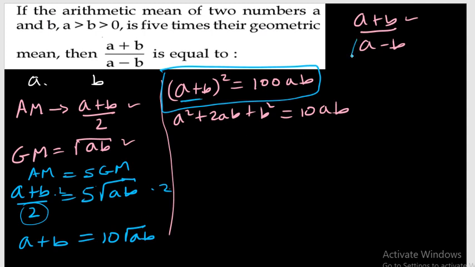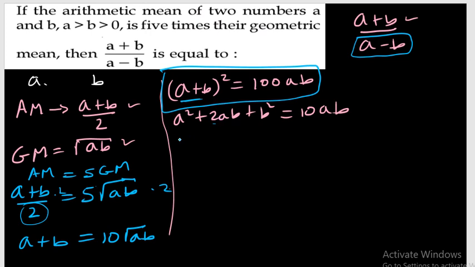But now let's try to focus on how to get A minus B. To get A minus B, let us subtract 4AB from both sides. When you subtract, this plus 2AB will be minus 2AB. Then we can express A minus B the whole square by the difference square.